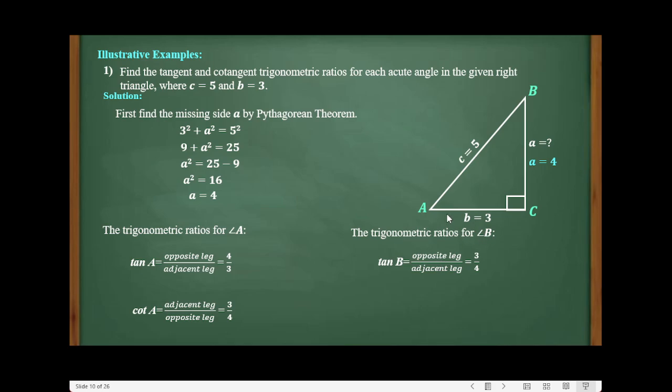So that is 3 over the adjacent leg, which is 4. So it's 3 over 4. And for the cotangent of B, that is defined as the ratio of the adjacent leg of angle B over the opposite leg of angle B. So that is actually 4 over 3. Okay?